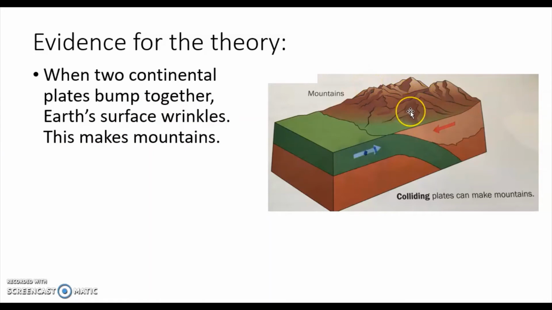I hope you watched the other video that I put a link to on Schoology because it shows like an animation of how the mountain forms. Okay, so two continental plates, they bump and then mountains form because mountains are wrinkles on the Earth's surface.